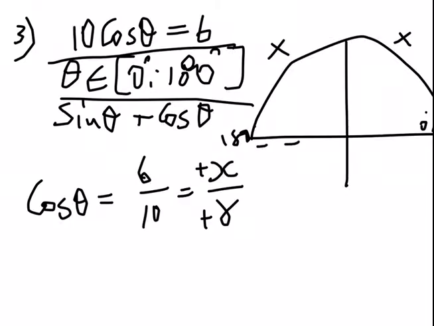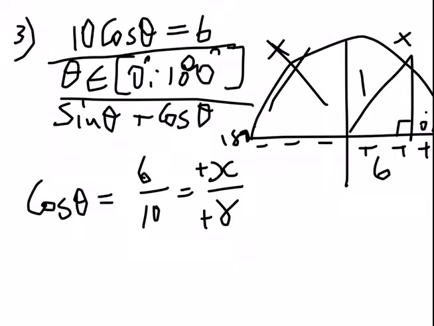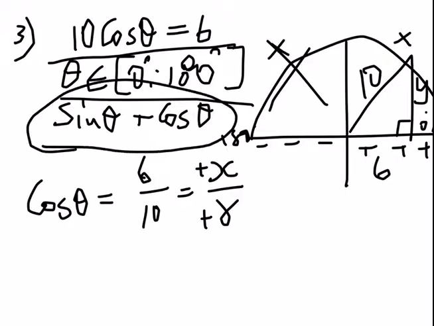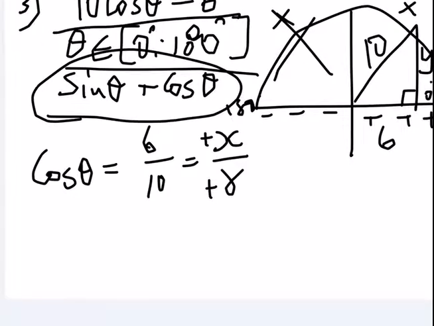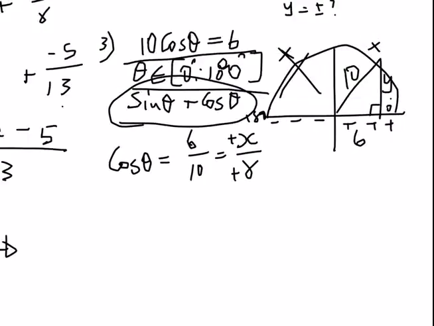This side x values are negative, this side positive. So it is not in there, but it is in there, whereby x is 6 and r is 10. Then you need to find the y value. Once you find the y value, you rewrite this as a ratio, substitute, then simplify. That's how you would work it out.